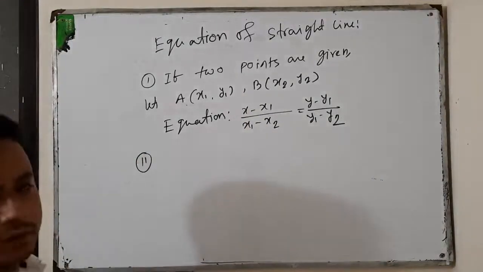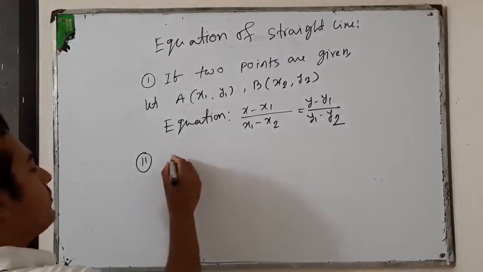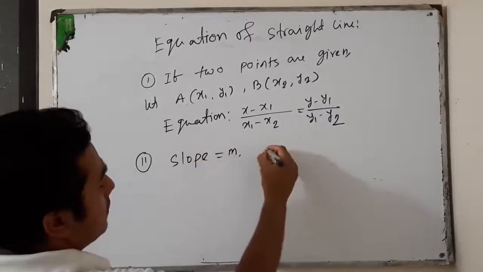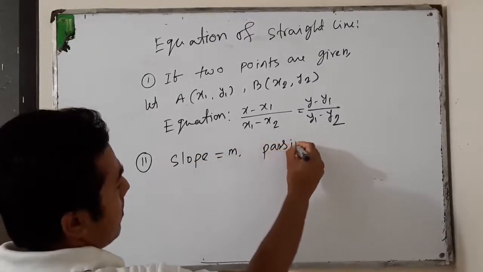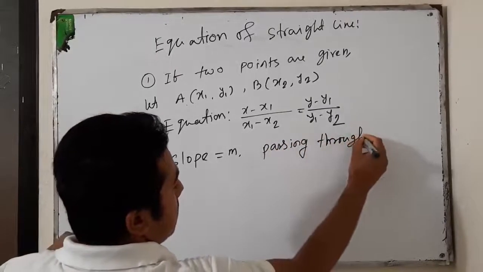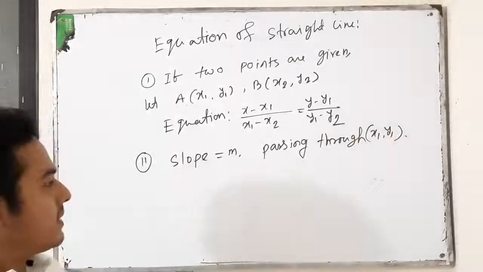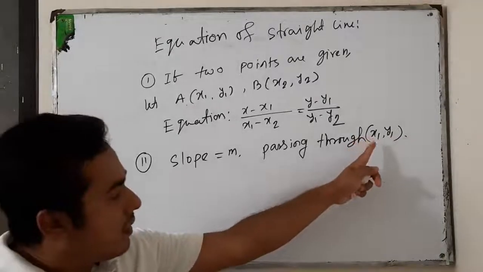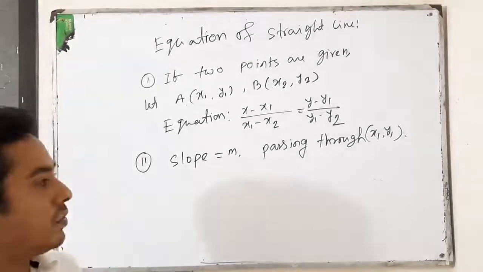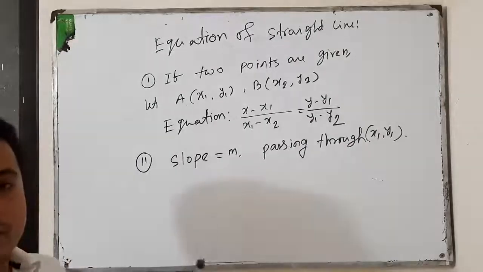Second formula of equation of a straight line, if slope m is given and the line passes through a point like (x1, y1), it may be (1, 2), it may be (3, 2), any type of point, and the slope is given, then what will be the equation of a straight line?